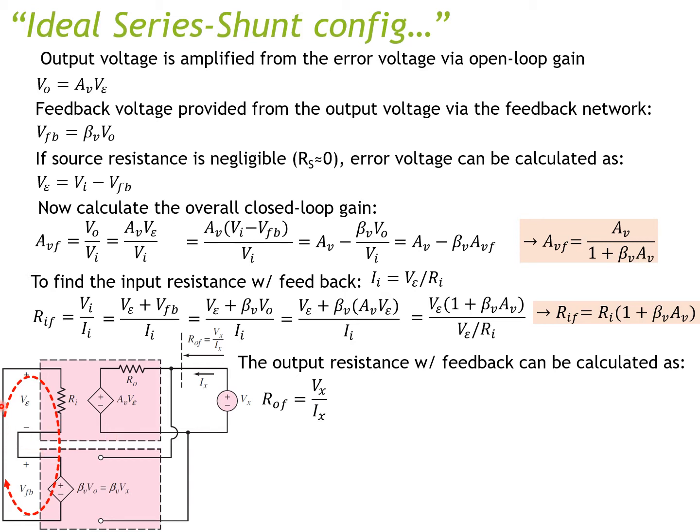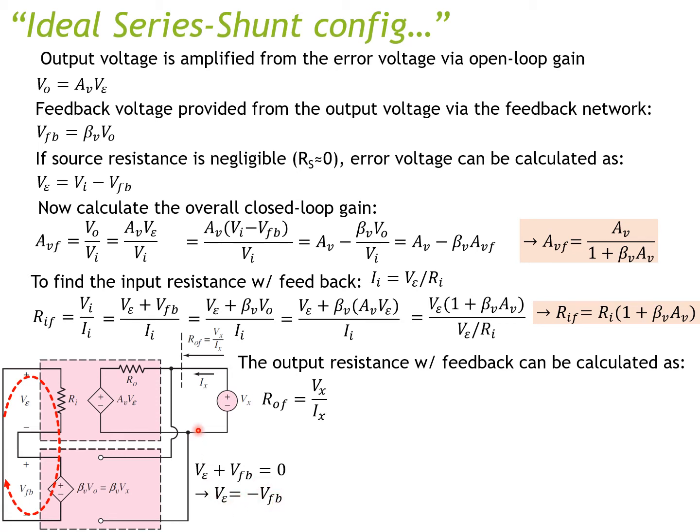If I analyze this loop here, I have error voltage plus feedback voltage equals 0, due to Kirchhoff's voltage law. So I have V epsilon equal to minus VFB.